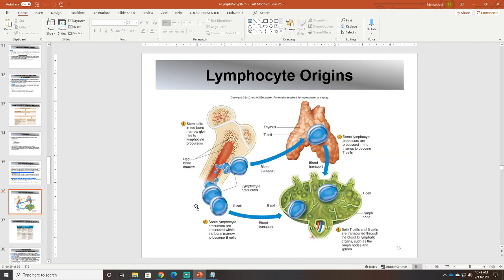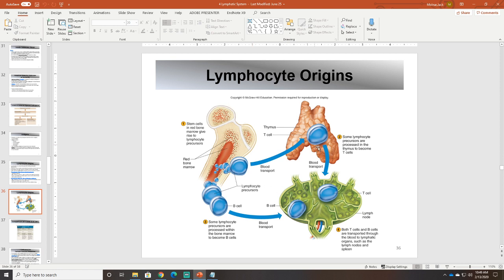All right, so you can see that diagram here. We have the red bone marrow in the head of the femur here, and in the metaphysis and diaphysis. So that's where progenitor early lymphocytes come from. They move through the bloodstream.